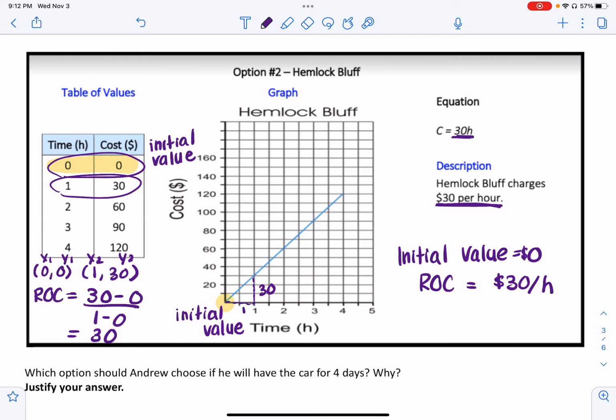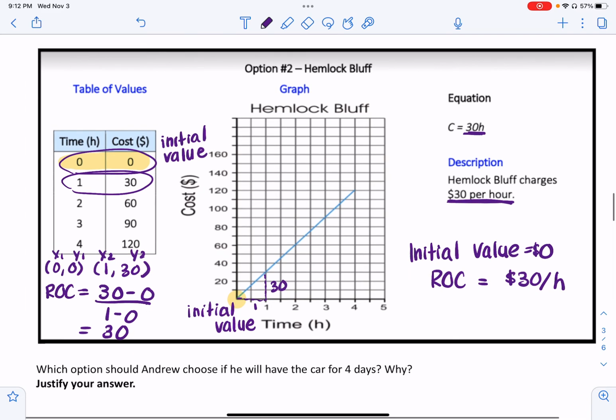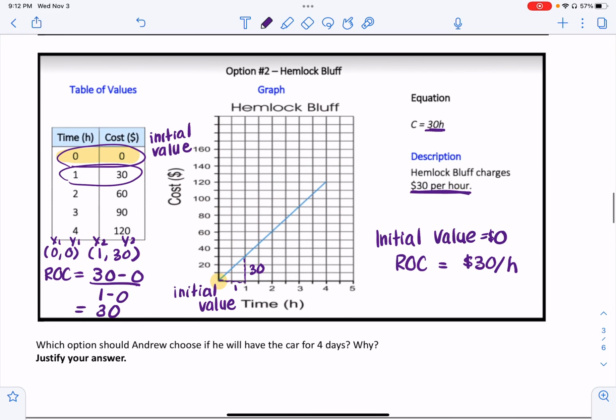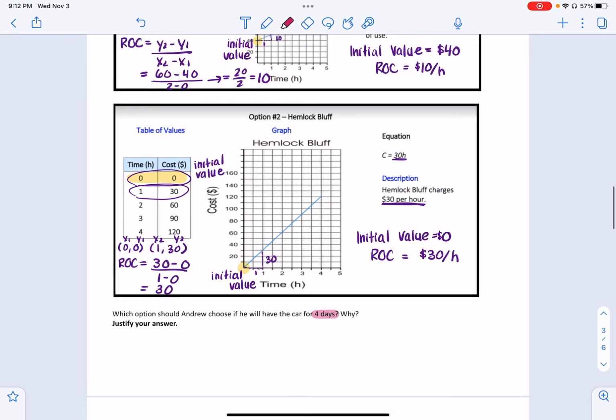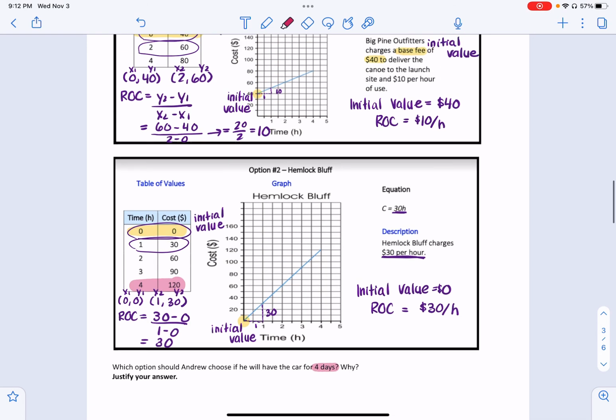It doesn't matter. There's just loads of options, and we're going to continue practicing with this over the next few days. So the last question says, which option should Andrew choose if he will have the canoe for 4 days? So let's look at what happens if we have it for 4 days. So with Hemlock Bluff, 4 days, it's $120.